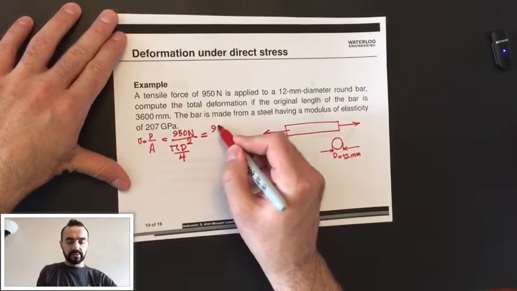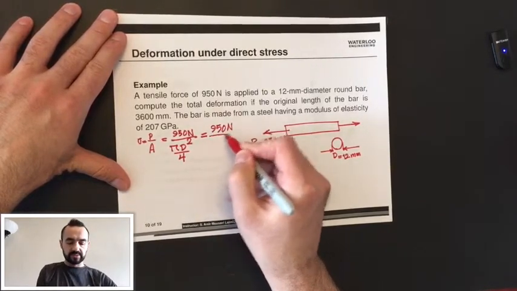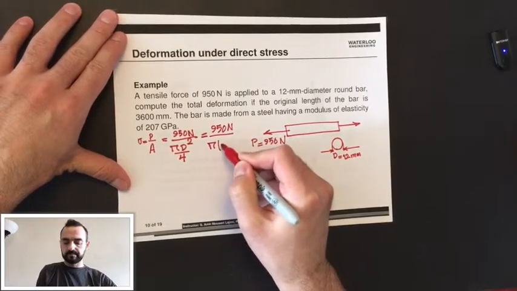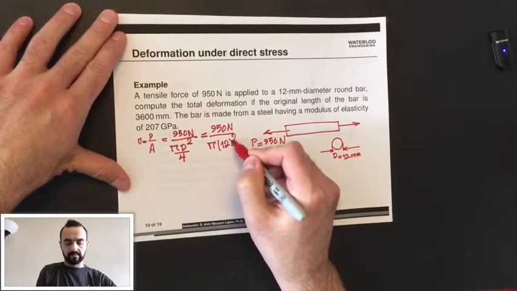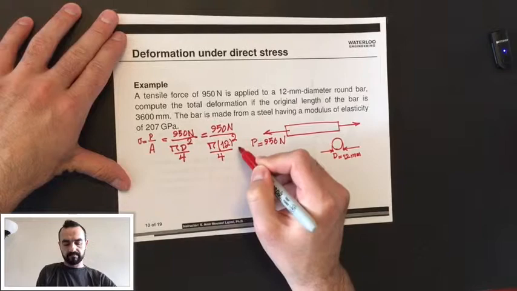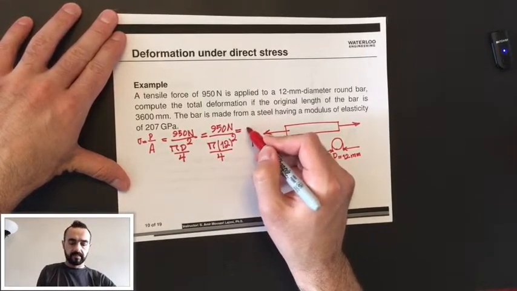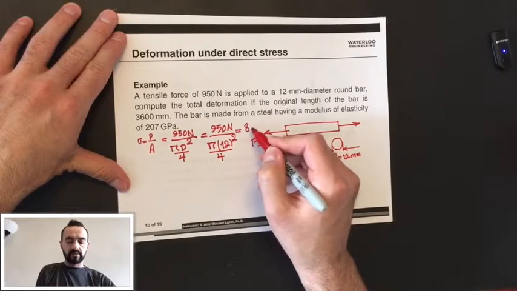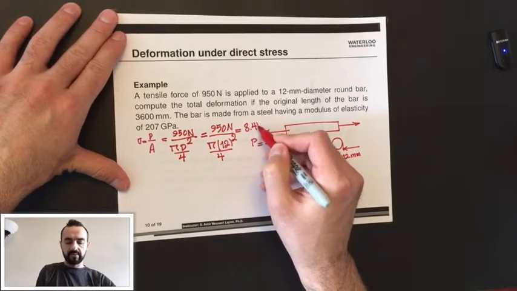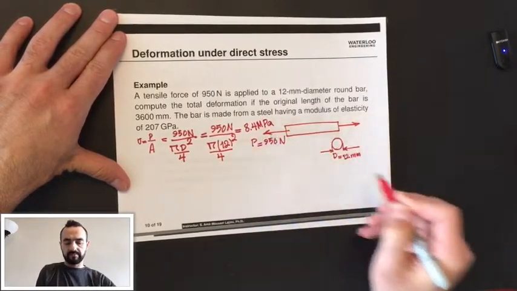If you do the substitution, what you get is sigma equal to 8.4 megapascal.